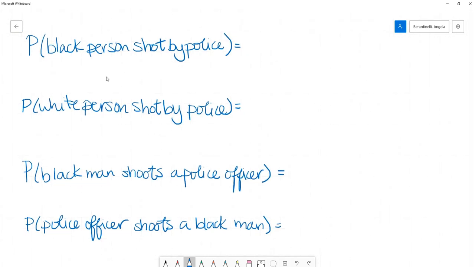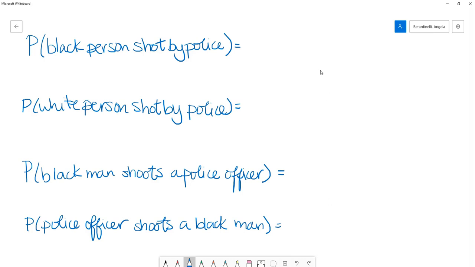So that's what I've written down here. These are the 4 events we are primarily interested in. And if we can compute some of these, we'll be able to make some conclusions about what we read in the articles. So the probability of a black person being shot by police, the probability of a white person being shot by police, the probability of a black man shooting a police officer, the probability of a police officer shooting a black man. So these 2 kind of go together. We were comparing these 2, and then the video quote was comparing these 2.